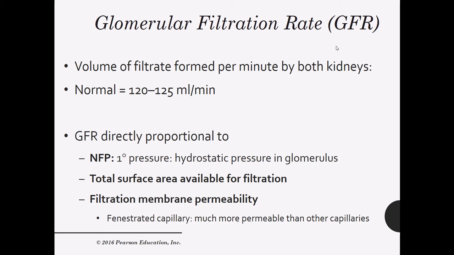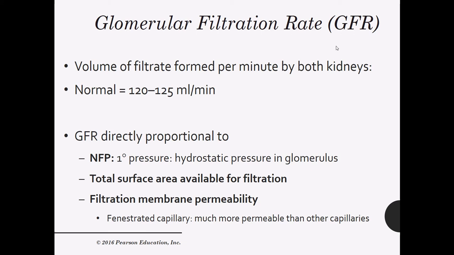So GFR is affected by three things. The net filtration pressure, which of course is the biggest contributing factor there. Again, the largest factor is the hydrostatic pressure. But also the surface area available. So if the filtration membrane were damaged and made larger or shorter, that would directly affect GFR.